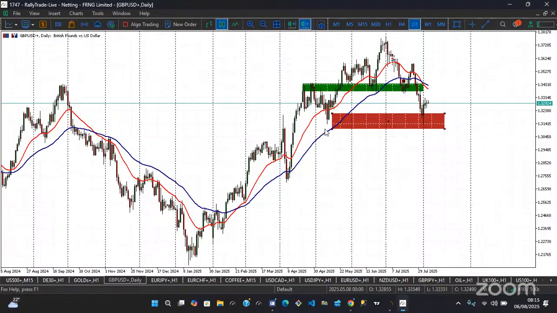Now, I'm not saying it's going to become a significant resistance in future. What I'm saying is that the moment price breaks out of it, just like it did here, this place becomes a strong area and a liquidity pool where price will most likely come back to before continuing that upward push.